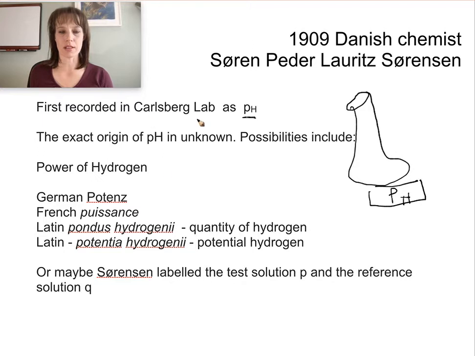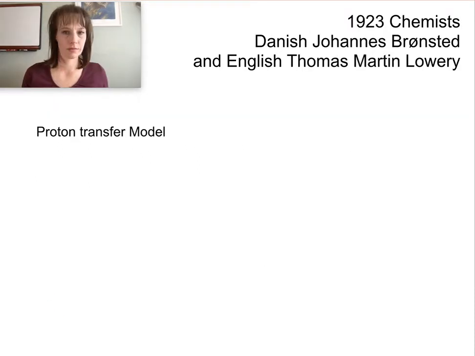Some possibilities: the Carlsberg lab says that it's the power of hydrogen. It's possible it's the German potens, the French, or the Latin potential or quantity of hydrogen in solution. Or it's possible that Sorensen was just labeling his solution with pH, because P could be the solution and Q could be the reference solution.